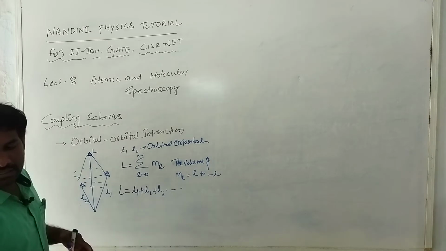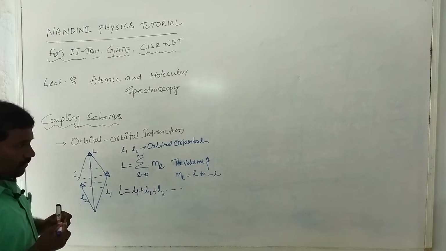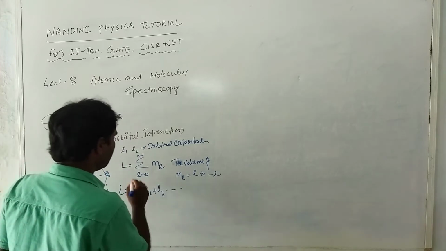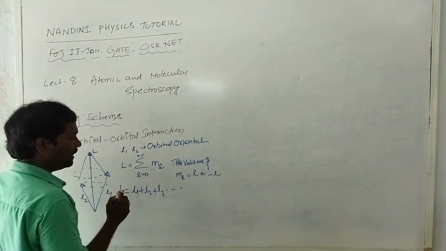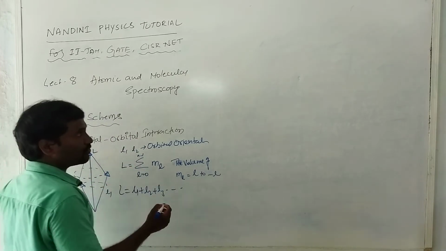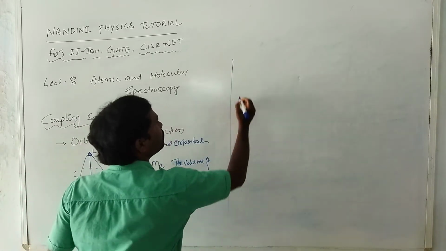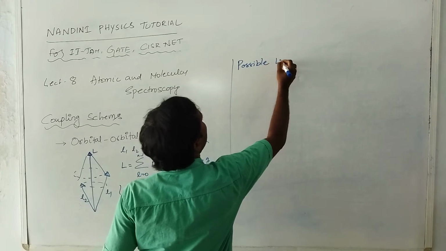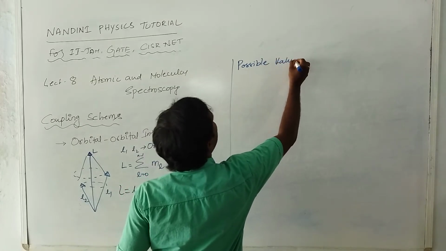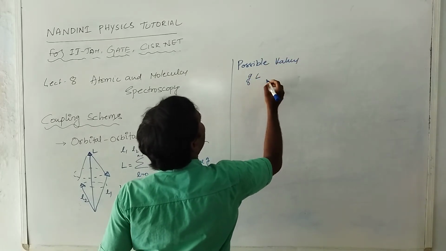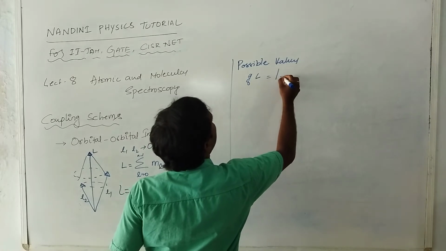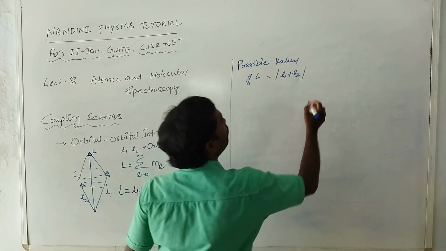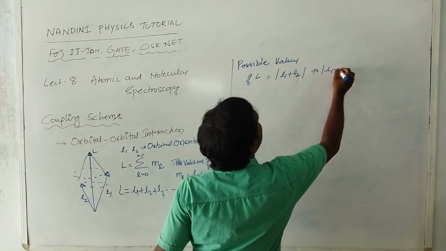Now the possible values of capital L are L1 plus L2 down to L1 minus L2.